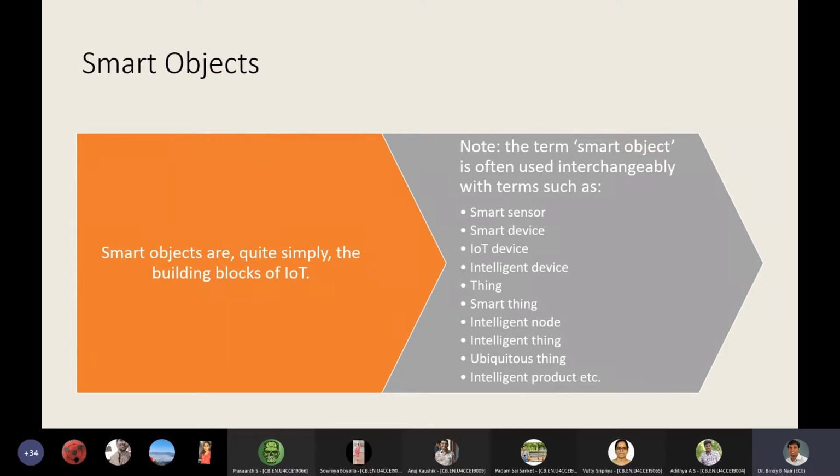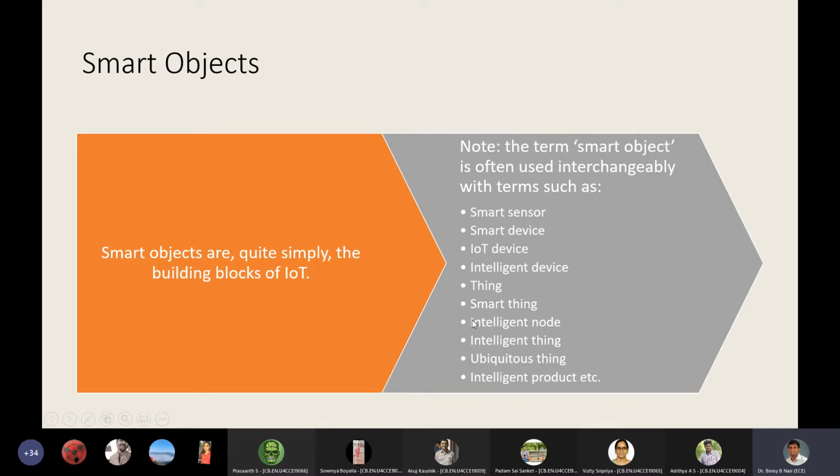But in literature or on the internet, wherever you look, you will find them referred to by multiple names. You may find them called the thing, as in Internet of Things. So thing is actually the smart object, or you may call it a smart thing, intelligent node, ubiquitous thing, smart device, smart sensor. All of these are basically the same thing.